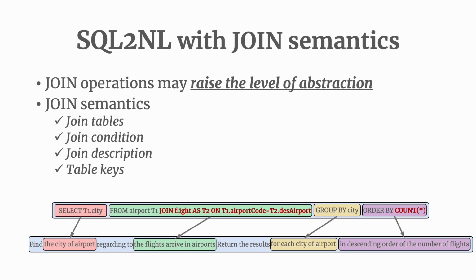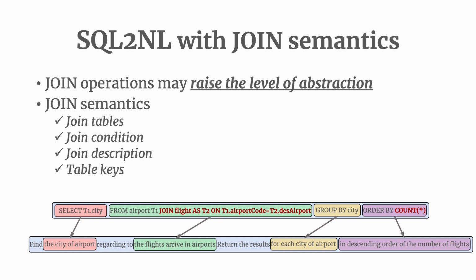So here is an example to illustrate the point. You can imagine that without the join semantics, the dialect generated by the SQL to natural language process may not be able to capture the specific semantics of the database, and we would not be able to understand the meaning of joining the flight and the airport tables using the airport code and the destination airport keys.